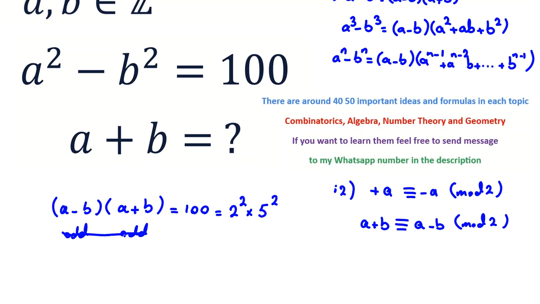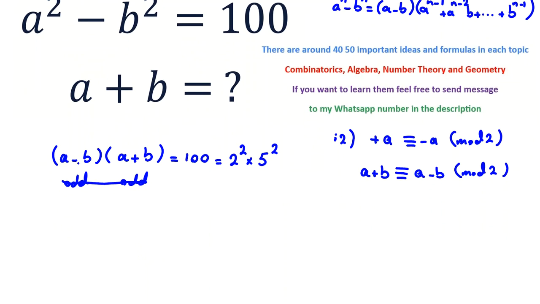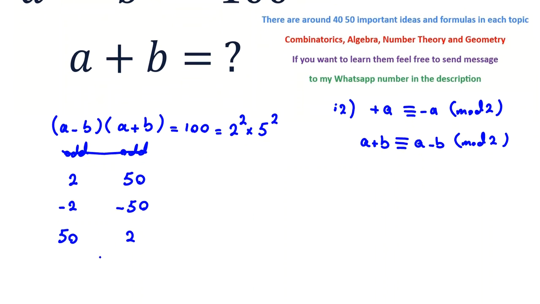Why did I say this? Because, for example, we don't need to check 1 and 100, since one is odd and the other is even. So if we want to check, 1 is not possible, 2 and 50 is good, negative 2 and negative 50, 50 and 2, and negative 50 and negative 2. Okay.